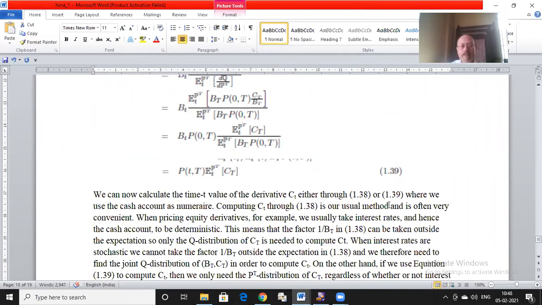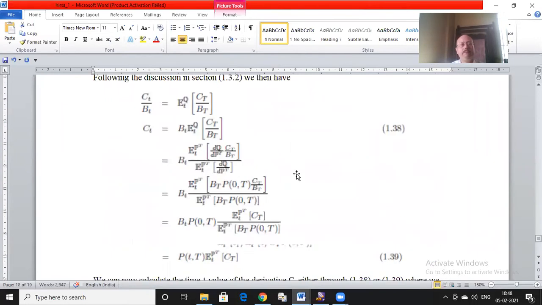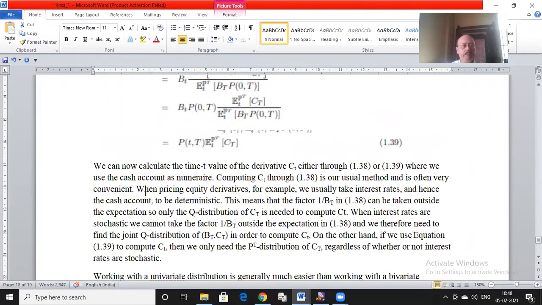So 1.38 is our usual method and is typically convenient. When we are pricing equity derivatives, we usually take interest rates and the cash account to be deterministic. As we discussed last term, at least for ease of exposition, we will take the interest rates to be non-stochastic.